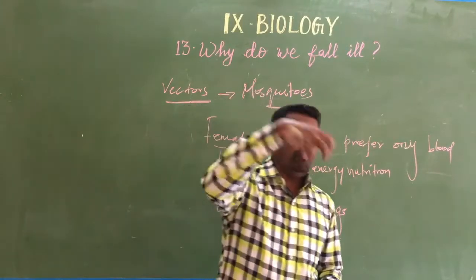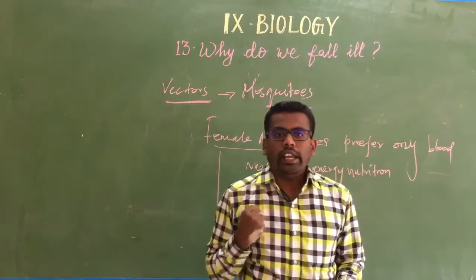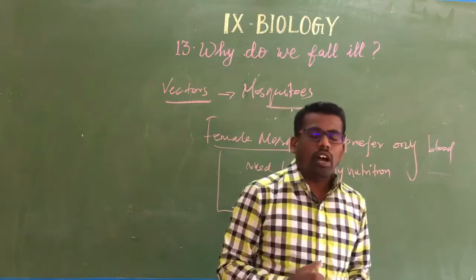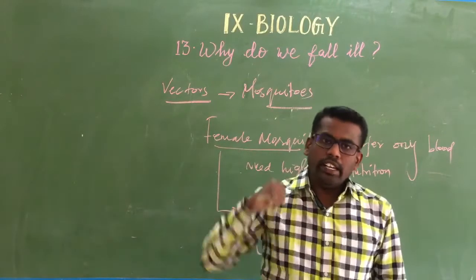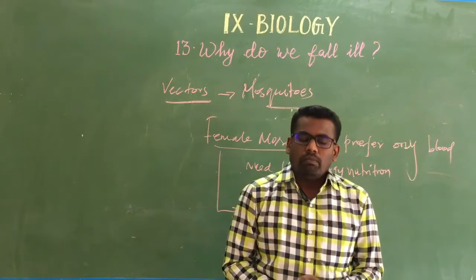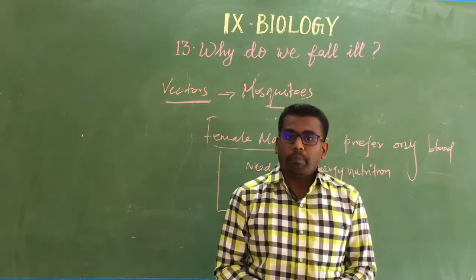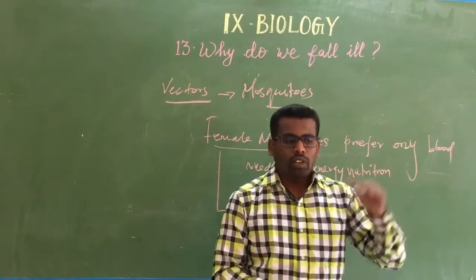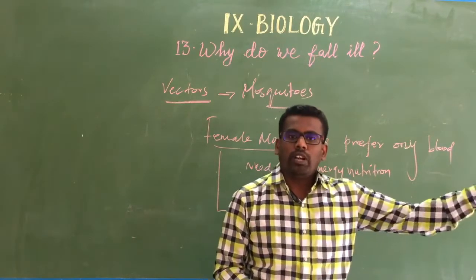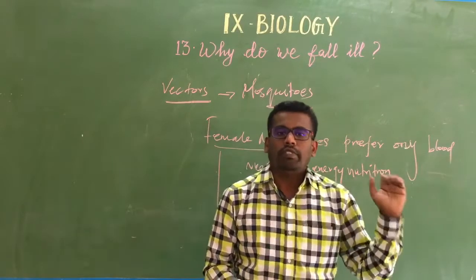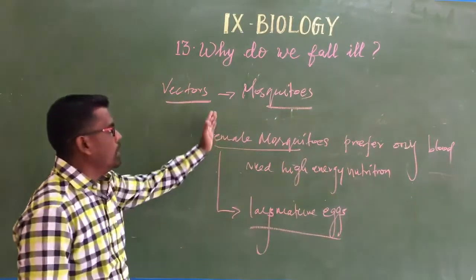So when the mosquito sucks the infected person's blood, then it sits on another person and again takes blood. At that time it drops the microorganisms or pathogens to them. Then the other person gets infection. Like that, the disease may spread through animals also. Those animals are called vectors. This is the best example.